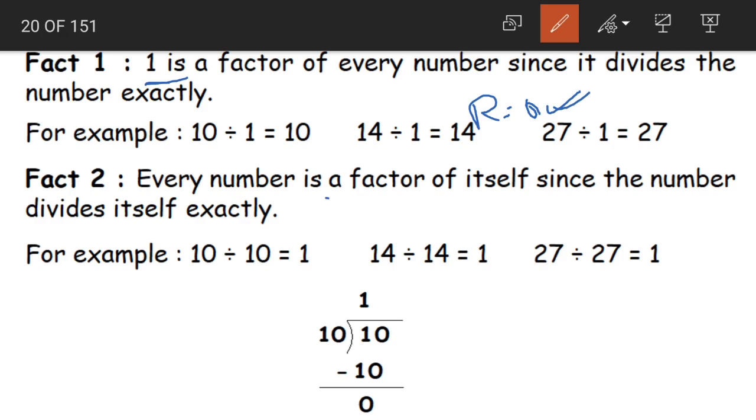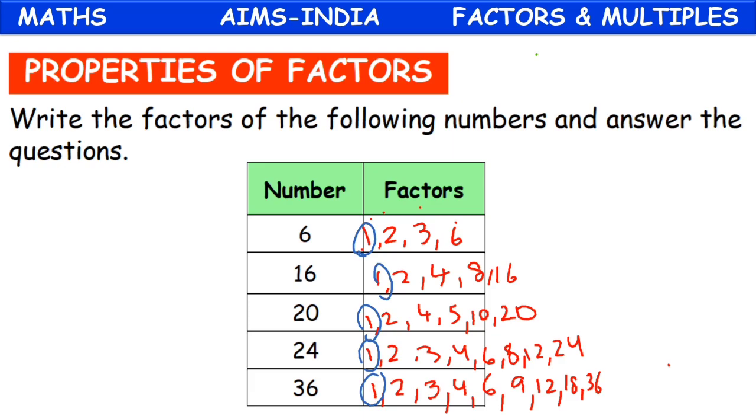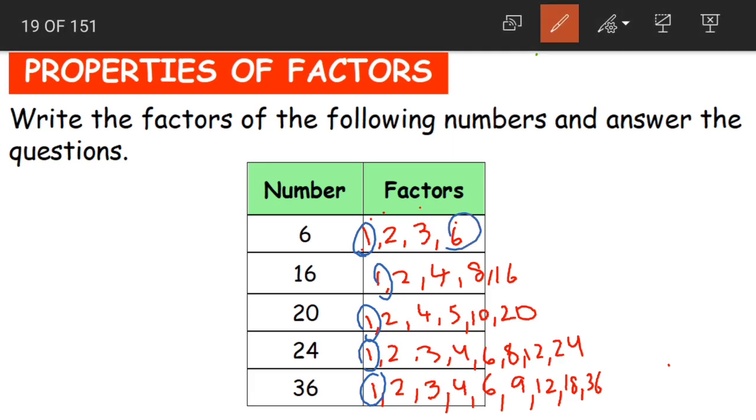Next, fact 2. Every number is a factor of itself since the number divides itself exactly. Again, if you observe here, 6 is a factor of 6, 16 is a factor of 16, 20 is a factor of 20, 24 is a factor of 24 and 36 is a factor of 36.